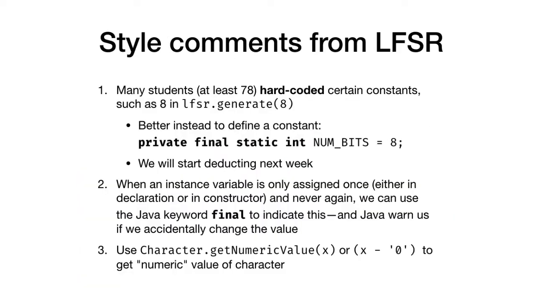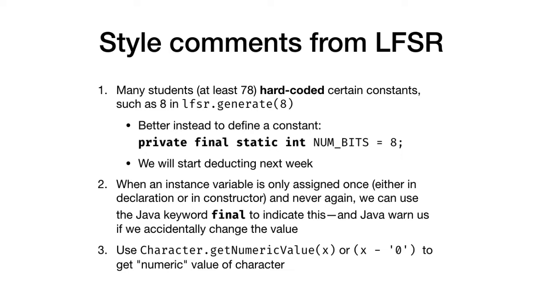Some more style comments from common deductions that I'd like to impress on you is a lot of students, about 1/4, used hard-coded values. Hard-coded values is when you pick a value like 8 that's important, that has some significance, but instead of having a constant like is here, you just repeat that number.